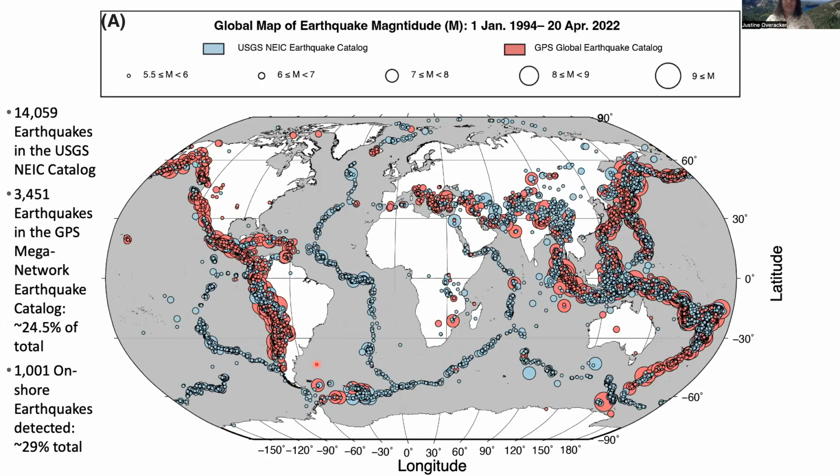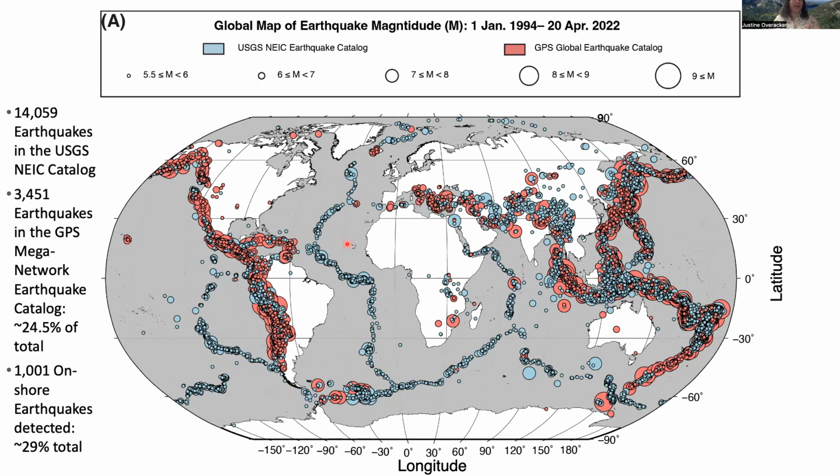So of the 14,059 earthquakes that occurred magnitude 5.5 or greater, 3,451 earthquakes were detected by at least one GPS station in the mega network, which is approximately 24.5% of the catalog. But if you look where a lot of the missing undetectable earthquakes are, they align with those mid-oceanic ridges where there's no GPS instrumentation.